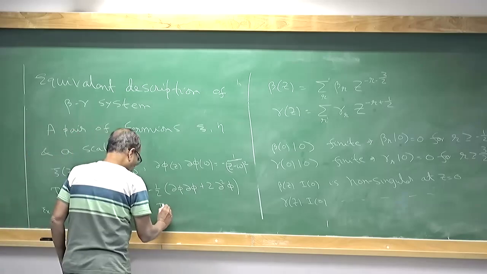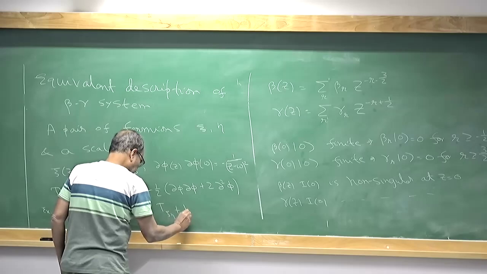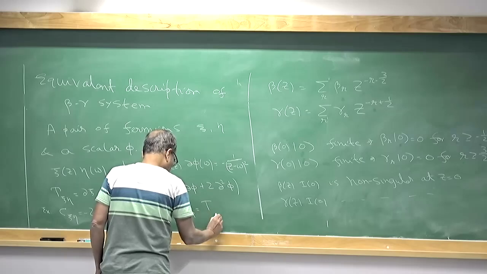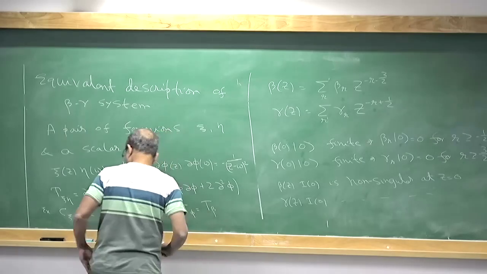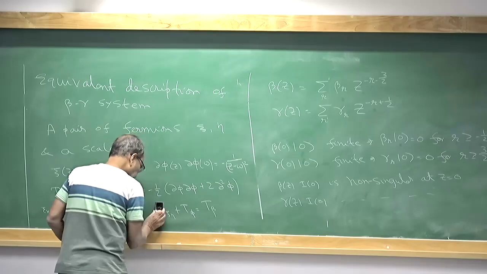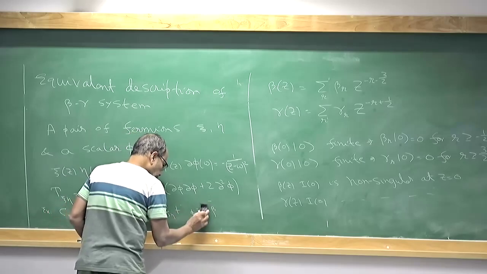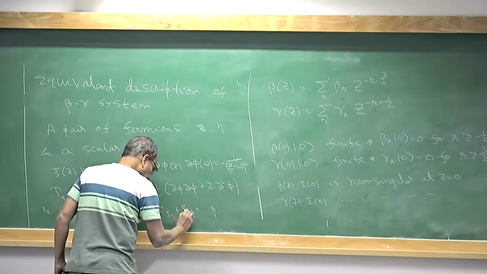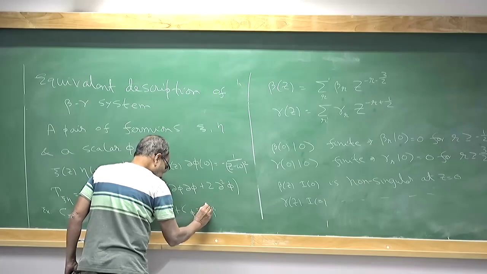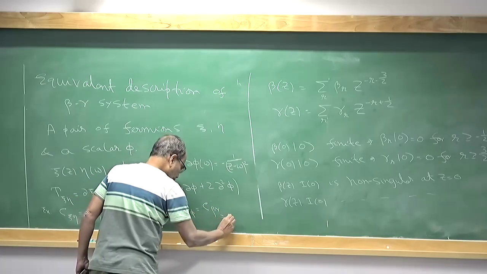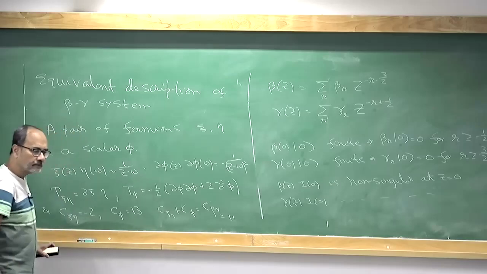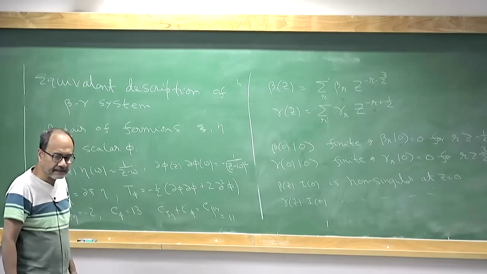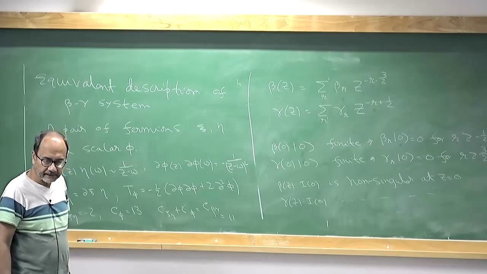So c of xi eta plus c of phi is c of beta gamma. If you remember, this was 11. This is the first check that the central charge of the xi eta phi system is the same as the central charge of the beta gamma system.